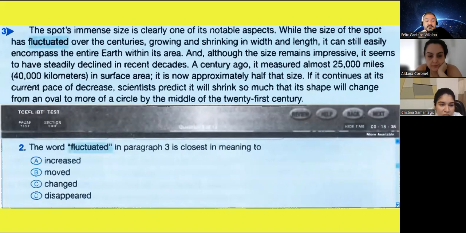Maybe it's change. Very good. That is correct. So this is one of these cases that I was mentioning last class where the academic word is easier for us than the everyday language word.